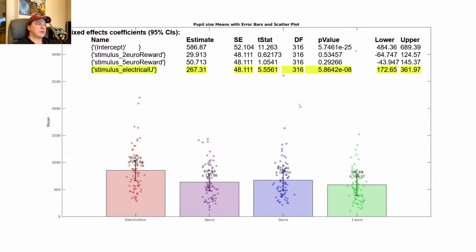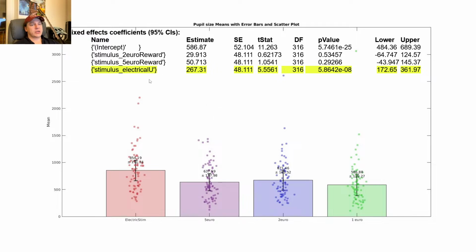And we can see that electrical stimulation was significantly higher than €5, €2, and €1, and there was no difference between €2, €5, and €1. For €5 the reaction is actually even less than for €2 for some reason, but they are still not significantly different. The highest is for the electrical stimulation, about 0.26 millimeters higher, so about a quarter of a millimeter.